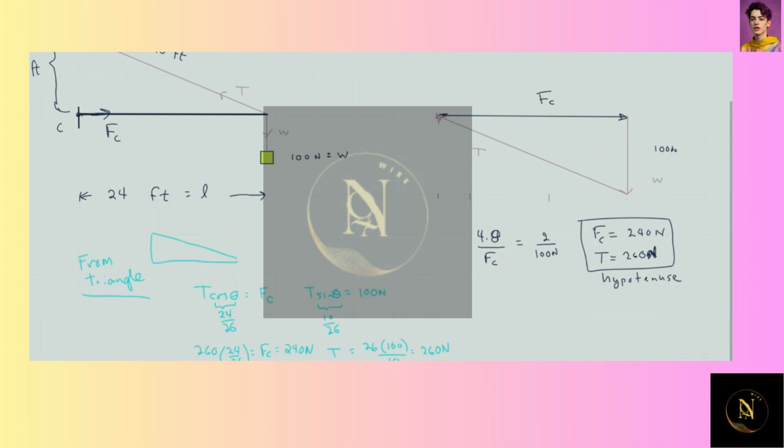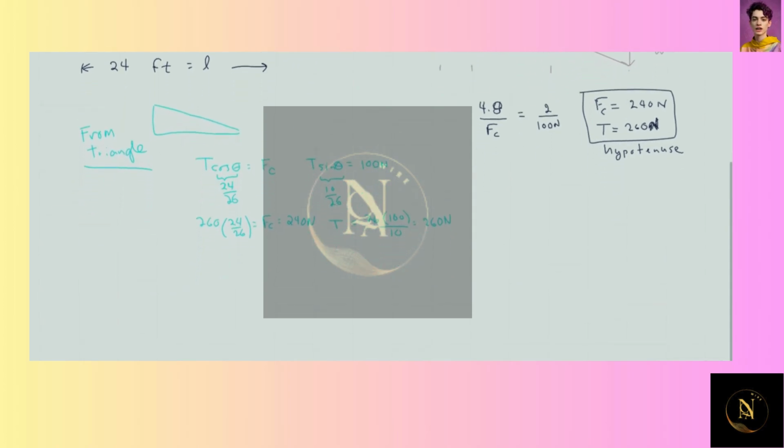Okay, now it's not much different to go from the triangle to the components. So there we're going to be using that equilibrium is such that the sum of the x components of the forces have to add up to 0, and the sum of the y components have to add up to 0.